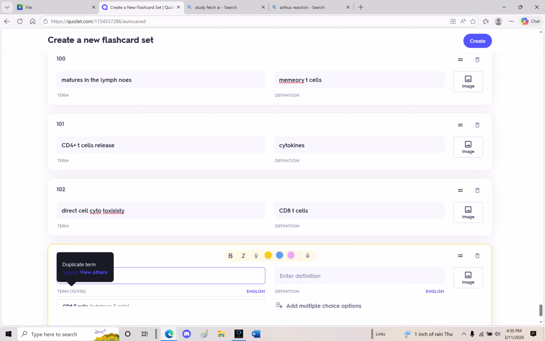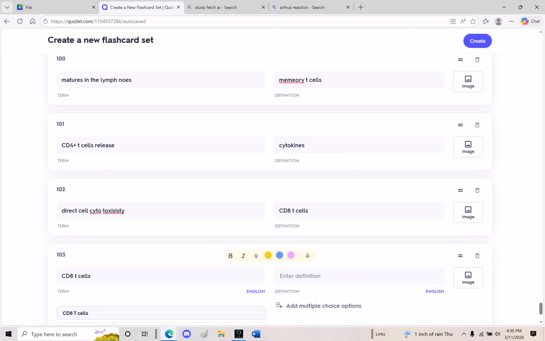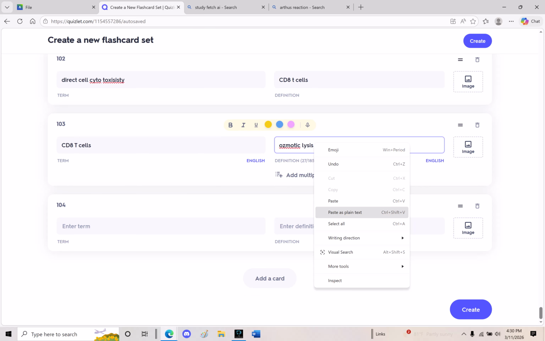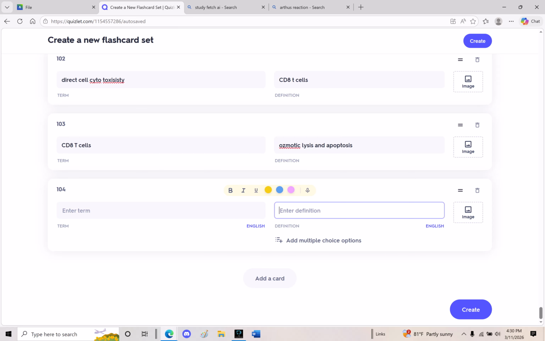You had lysis and you had opsonization. But those were directed by antibodies. This is the exact same thing. Osmotic lysis and apoptosis, but it's done through T cells. So either you're directly breaking it down, or rather than phagocytosis, you have apoptosis. So the cell is being programmed to die.